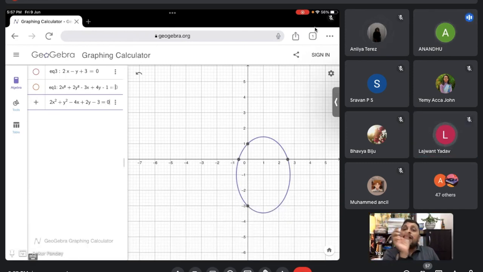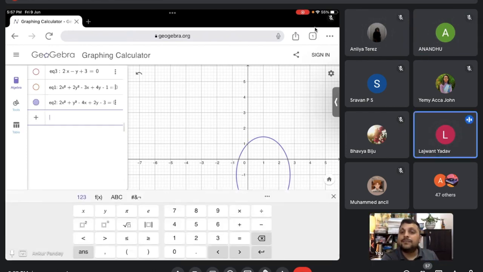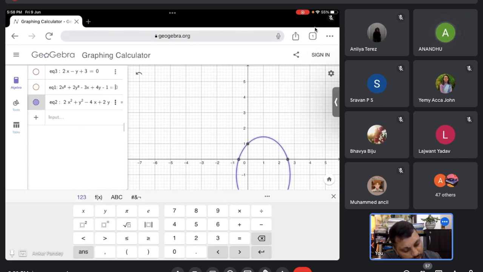Because x square and y square are both visible, but 2 and 1, the coefficient of x square and the coefficient of y square, are not equal. Clear?